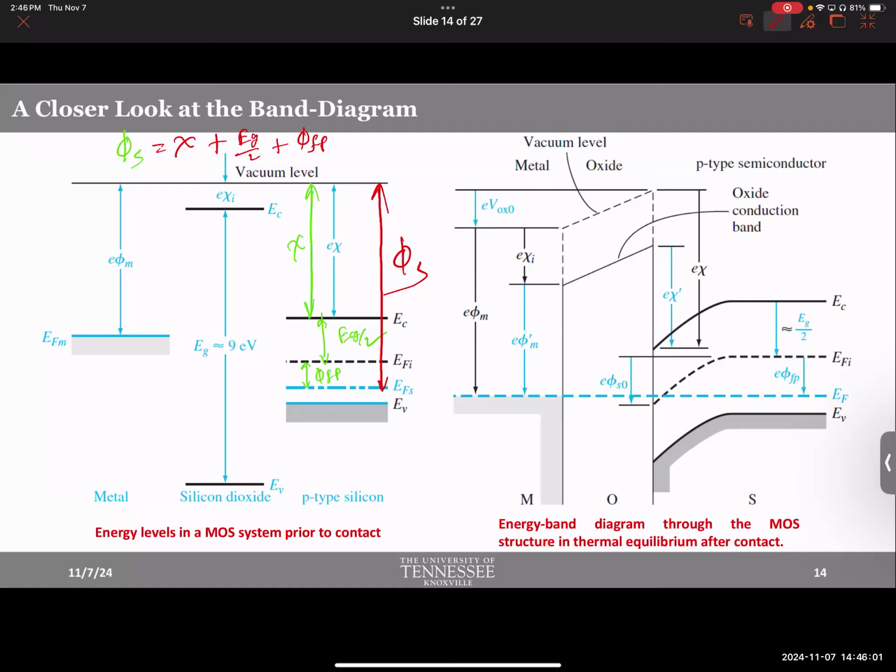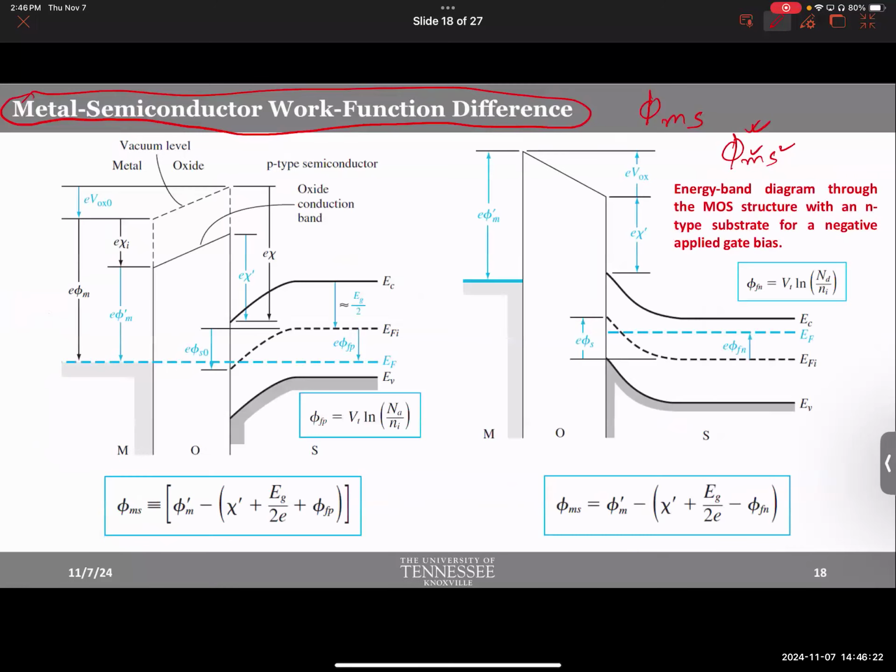This is your phi S. If you try to get phi S minus phi M or phi M minus phi S, whatever, the difference between the two, you have to subtract phi M from this, don't you think? Okay. So the reason I'm telling you this is because we'll fast forward and get to this equation.